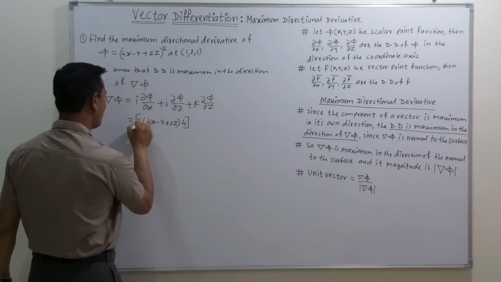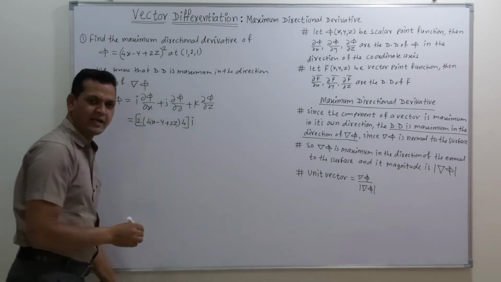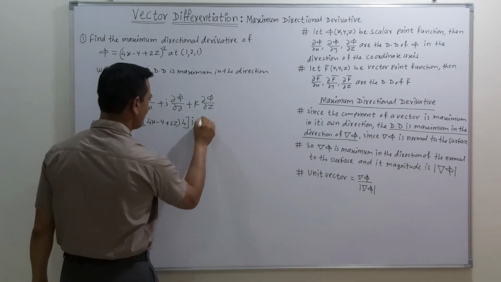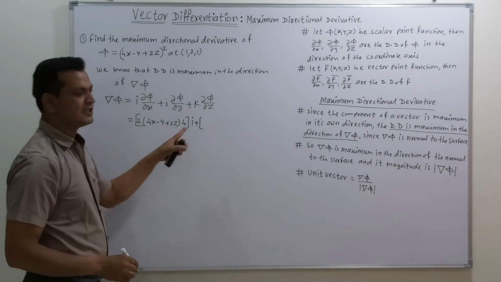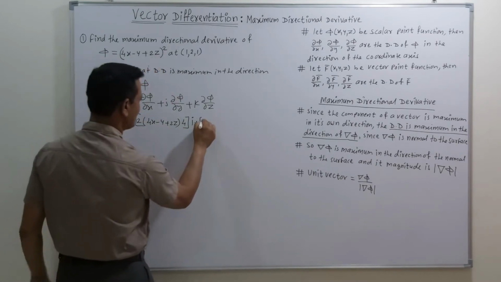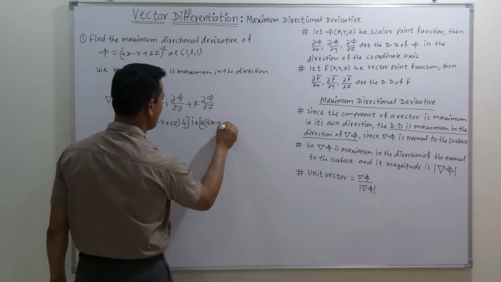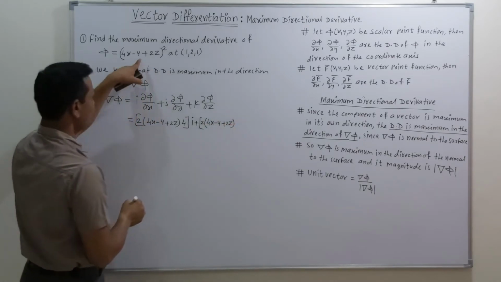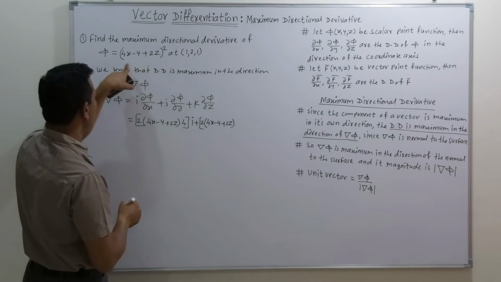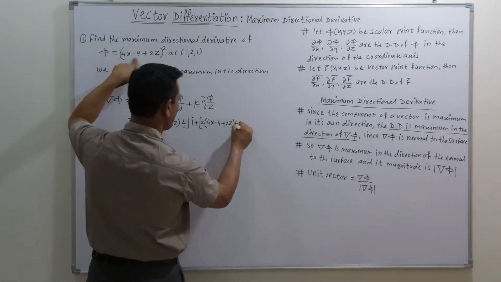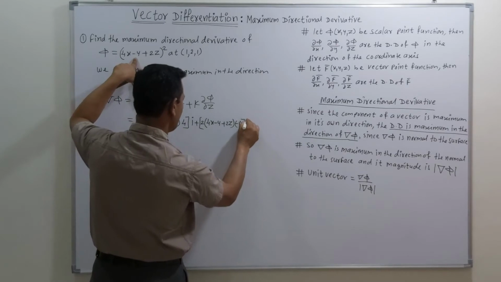Similarly, for the derivative of phi with respect to y, again we write 2 times (4x minus y plus 2z), and the derivative of the inner term with respect to y is minus 1, into j.